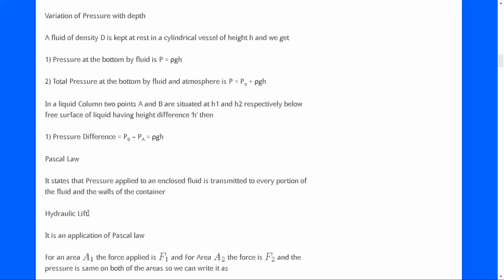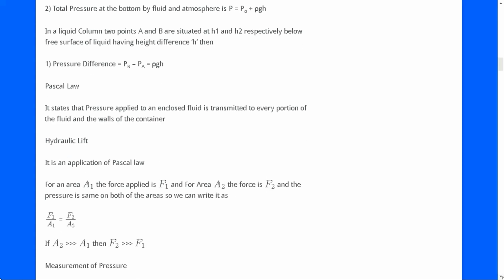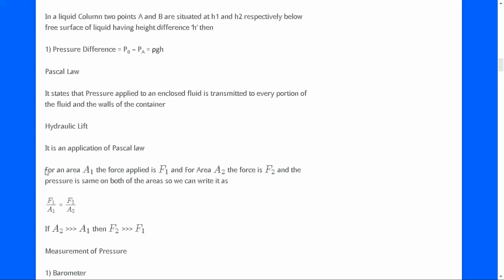Now the application is the hydraulic lift. It is an application of Pascal's law. Consider, for an area A1 the force is F1 and for an area A2 the force is F2. Then the pressure is the same on both the areas.